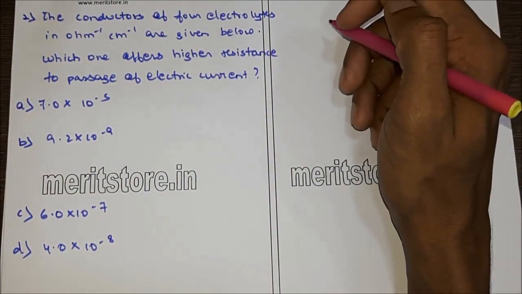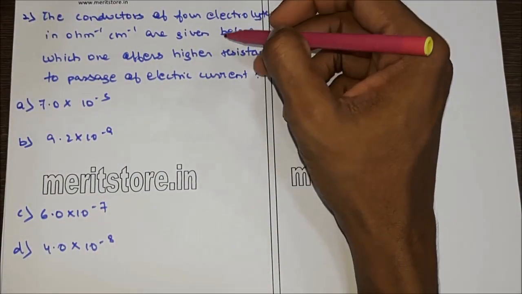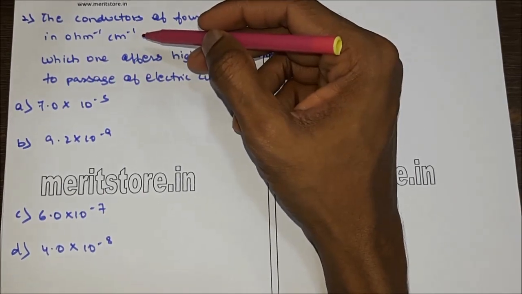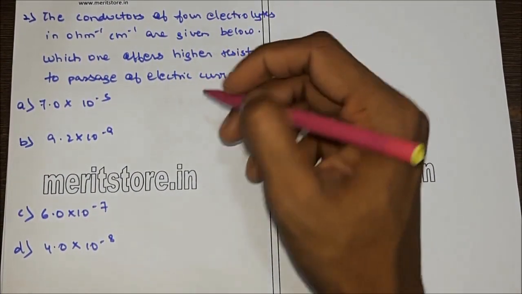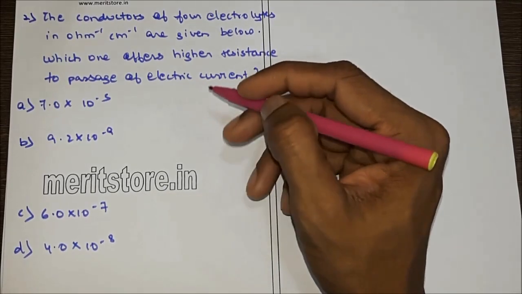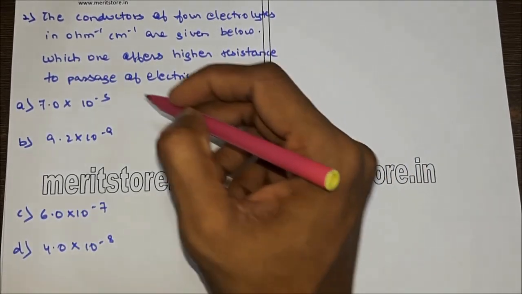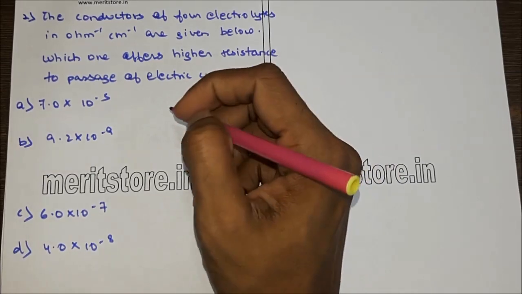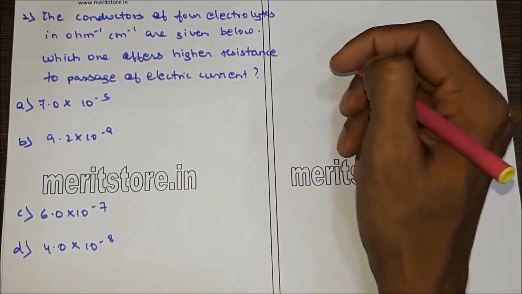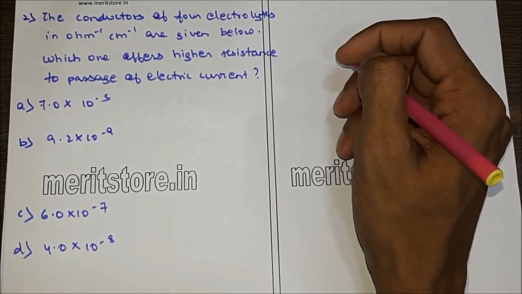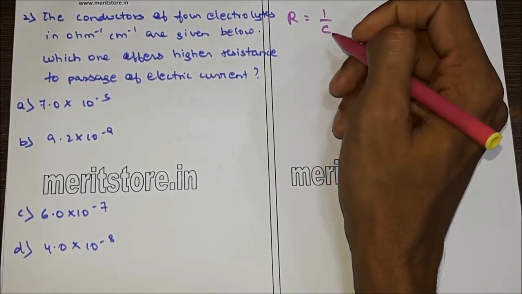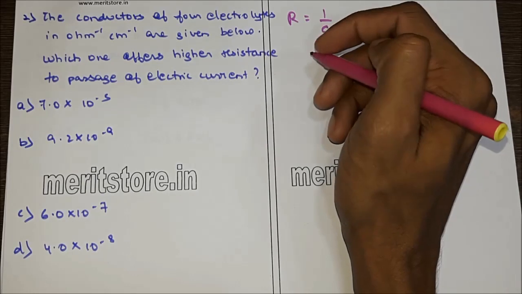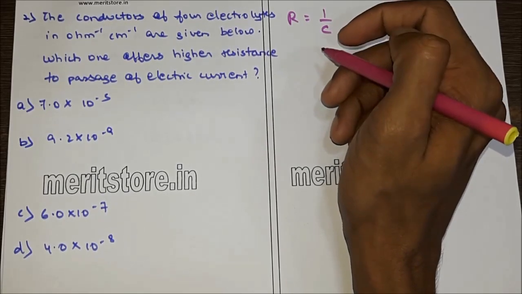Question 2. The conductances of four electrolytes in per ohm per centimeter are given below. Which one offers higher resistance to passage of electric current? Conductance is the reciprocal of resistance, that is R equal to 1 upon C. For higher resistance, the lowest conductance is required.